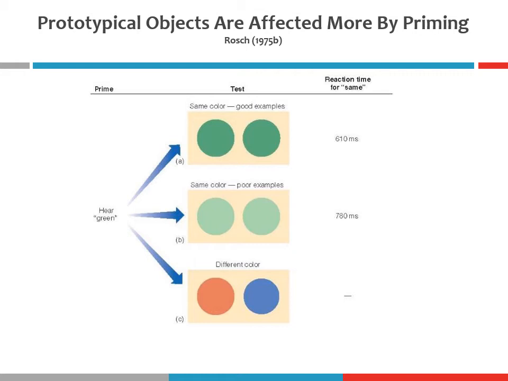In the next group, the colors were the same as the prime. They were green, but they were less typical examples of the category, a much lighter shade of green than what we typically think of. And in the last case, the color swatches presented were different than the prime, with the 2 colors coming from different categories.